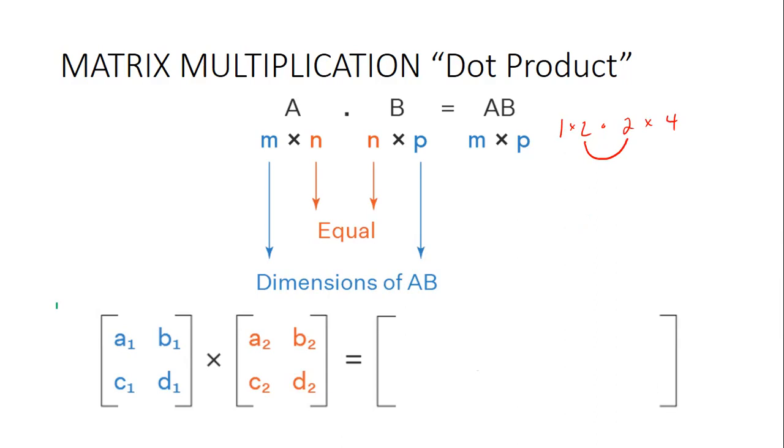They match up, so that means your solution is going to be a 1 by 4 matrix. That's going to be your output. However, if I was to do a 2 by 4 times a 1 by 2, do they match up? No, it's a sad situation. There's no product. All right, so do we see how the smile test works using the dimensions?